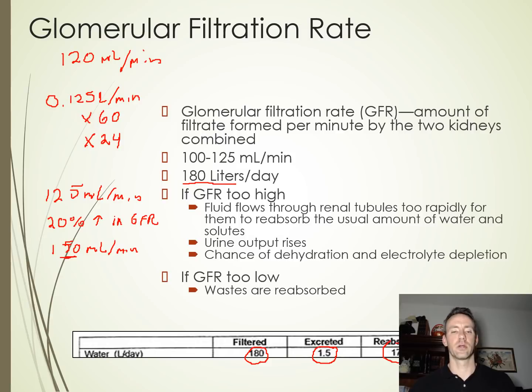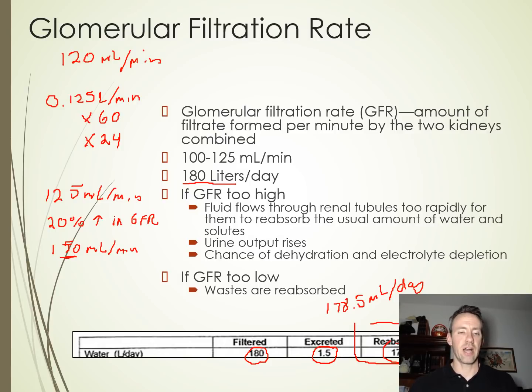150 mils per minute. Now, hypothetically, let's assume that my reabsorption rate is the same as what you see down here, which is 178.5 liters per day. Let's say that's fixed. That's our absorption rate, and that's the maximum that we can reabsorb.